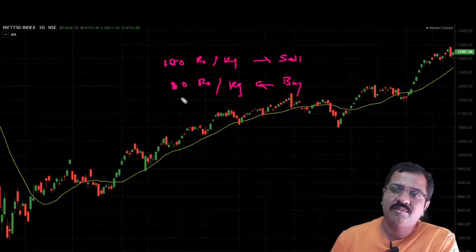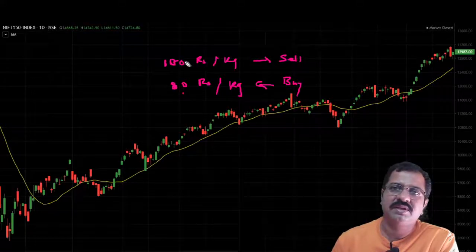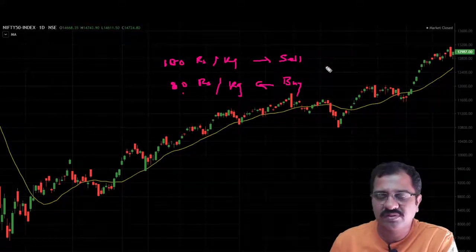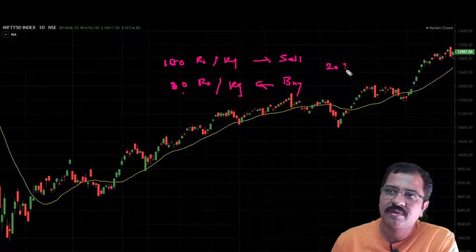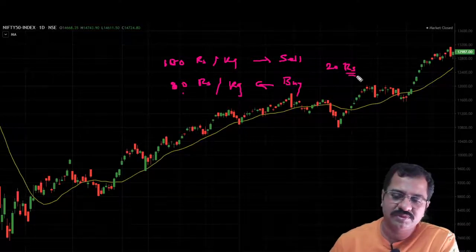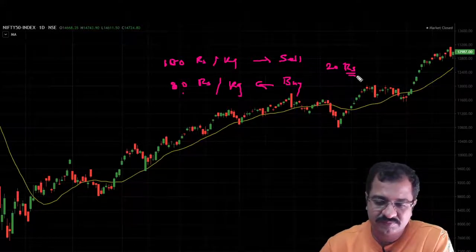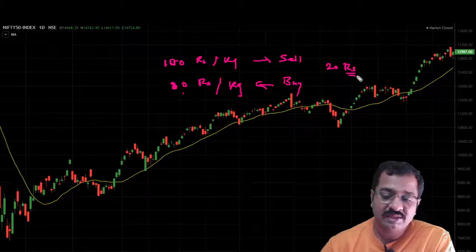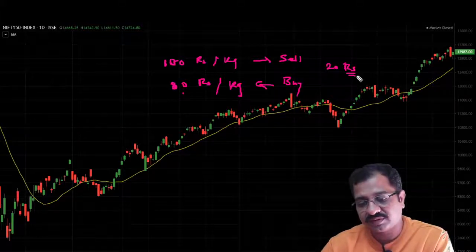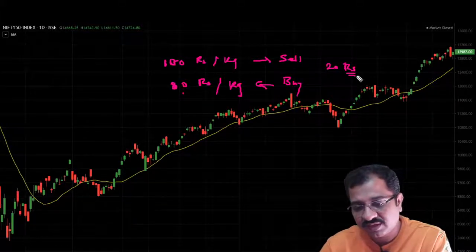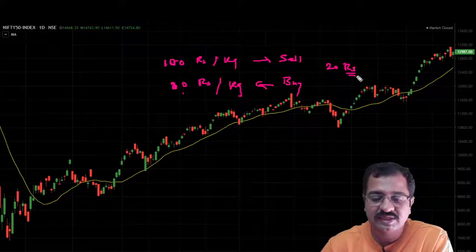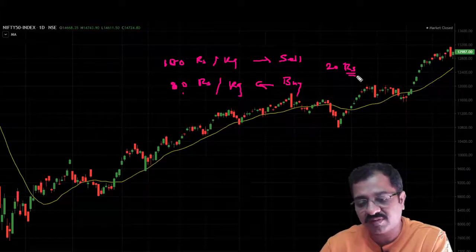So you will go buy for 80 rupees, come here, sell for 100 rupees, and you earn 20 rupees. This is called arbitrage. When there is a price difference at different places, it is called arbitrage. So you can take advantage of this.